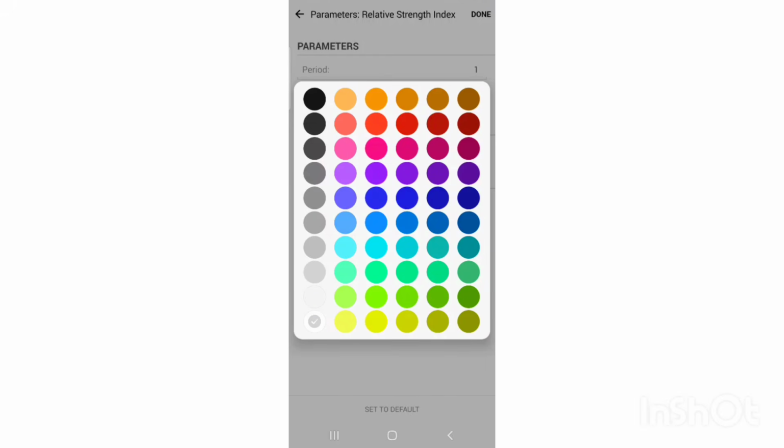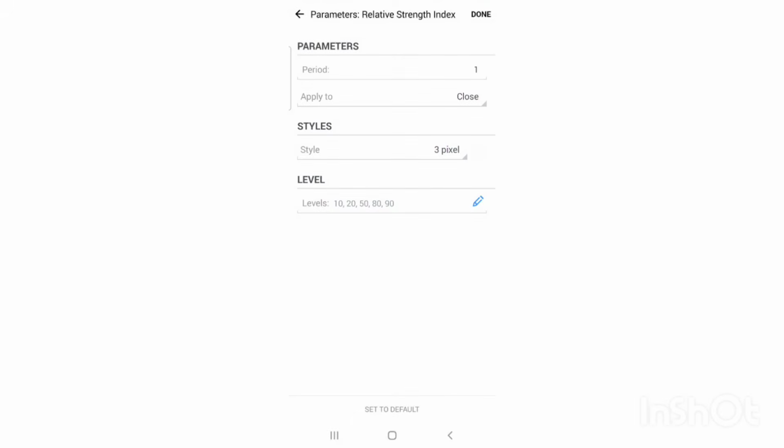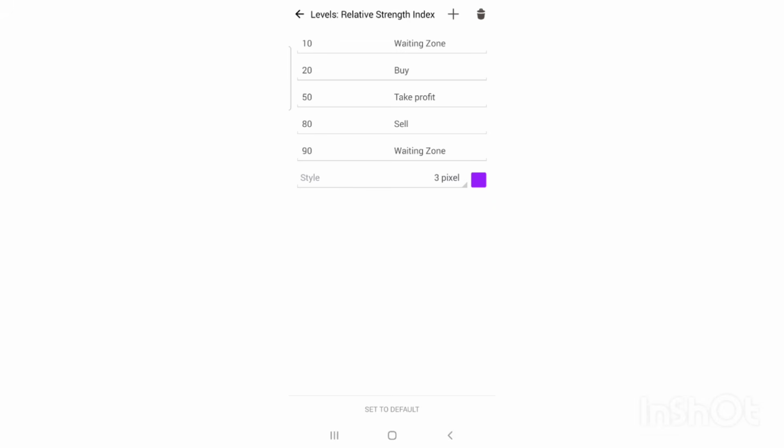If your MT4 chart has a black background, put black. It depends which one is your background for MT4. As my MT4 is in white background, this is why I put white color. And then 3 pips. So here we come to the levels.